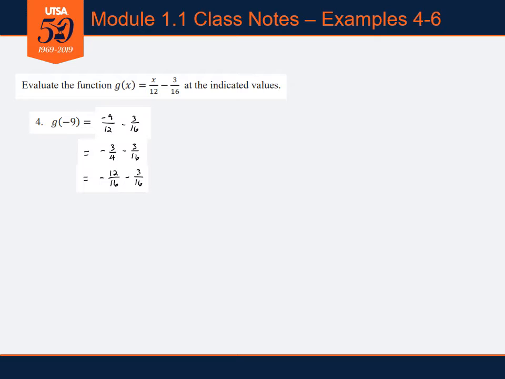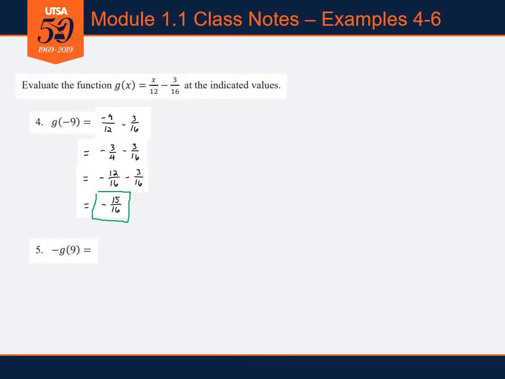Then I've got -12 over 16 minus 3 over 16, and then I combine the numerators and keep the common denominator for -15 over 16. That's my output when I input -9. That is, when my x value is -9, my output or y value is -15 over 16.